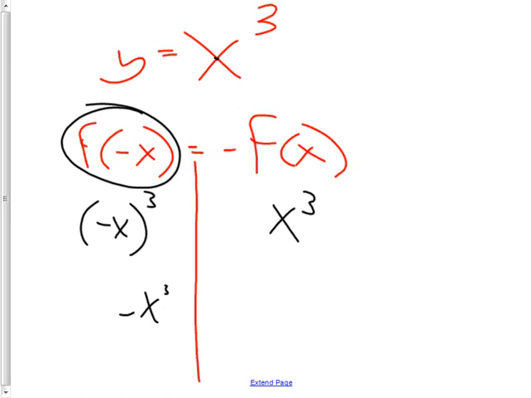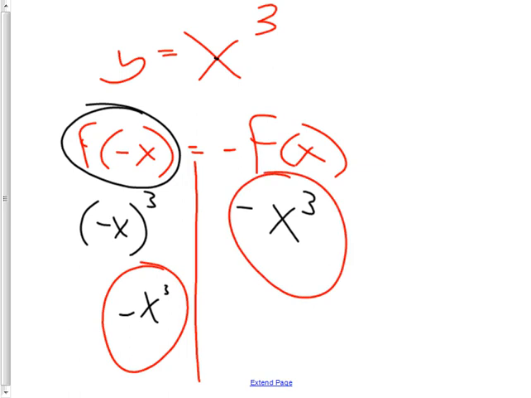If I needed parentheses, I'd put them, but this is only one term, so I don't need the parentheses. So it's just that. Now, do you see that this side is actually equal to that side? Therefore, we have algebraically proven that this is an odd function.